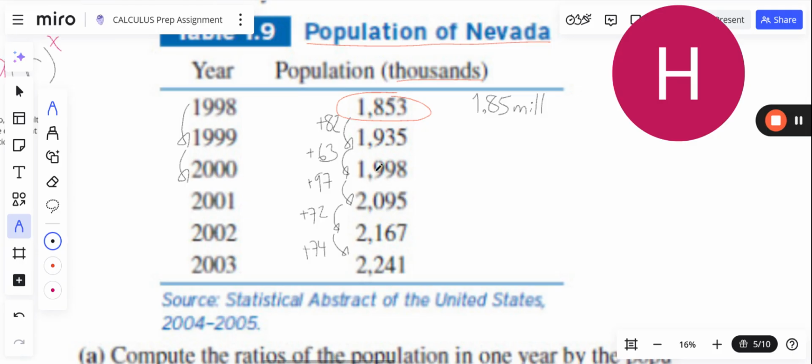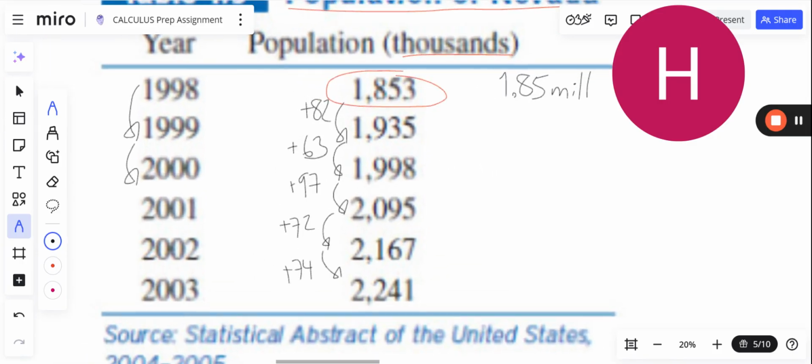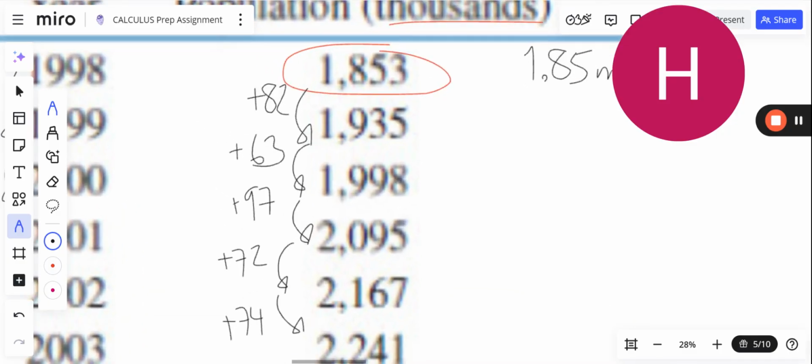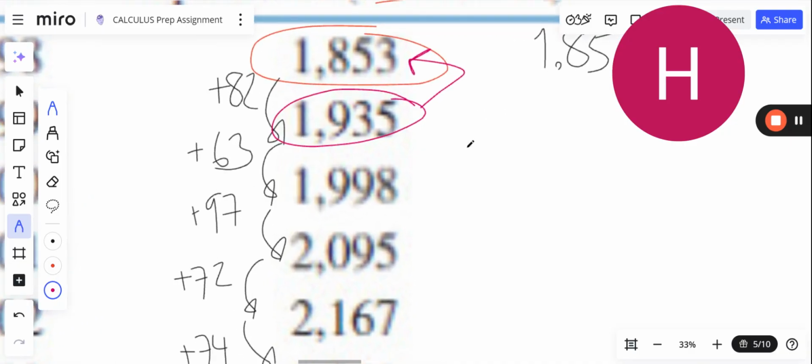Now, in addition to it being useful to calculate these differences, how much it's increasing by, it's also useful to look at, especially with exponential models, the ratios. So the ratio of this number to what it was before tells you the multiplier of how much it grew.